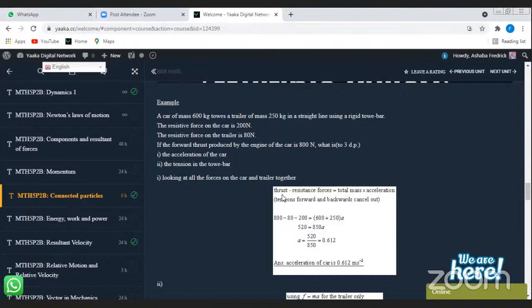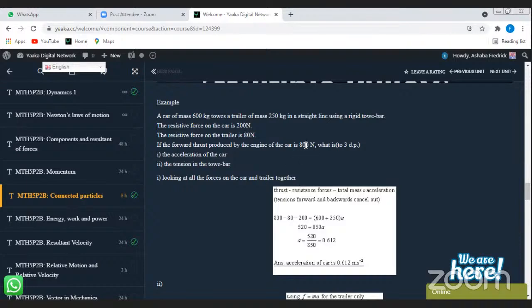So here, since it is a straight line, this is the resistance, this is also resistance, so these ones are opposing the motion of the car. We are going to still use F equals ma.